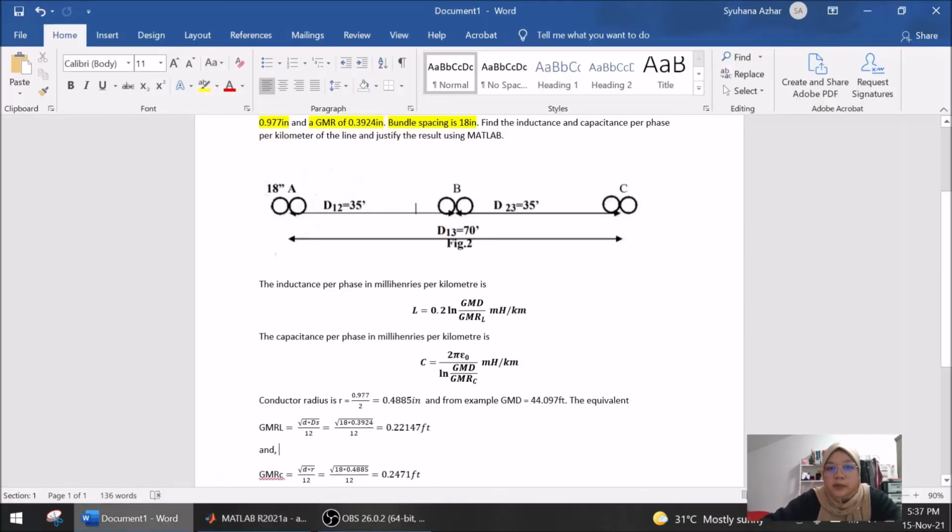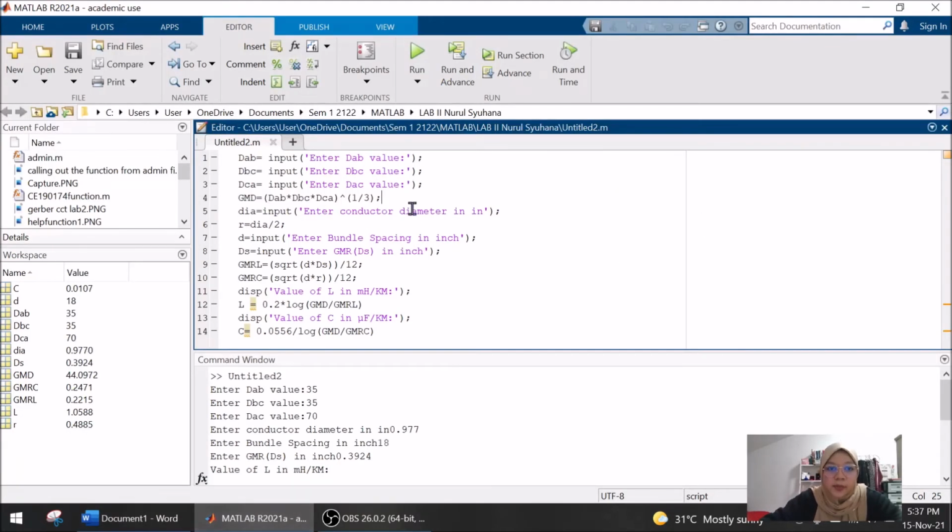This is the GMD formula that I already explained just now. The formula of GMD is the product of the AB distance, BC distance, and AC distance, to the power of 1/3. This is for the conductor diameter. This is the formula for the radius. This is the bundle spacing input, and this is the GMR, and here is the formula that we used to find the GMRL in our manual calculation.